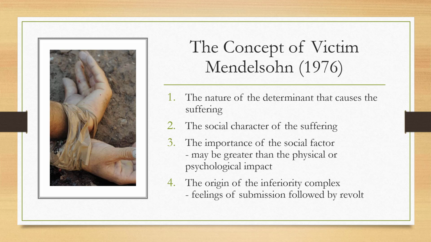Sometimes society will react with blaming, other times with compassion, other times with rage, other times with indifference, and that can also play a role in the type of victimhood or in what characterizes your victimhood. And lastly, there has to be some sort of inferiority complex. These are usually feelings of submission that then turn into you being angry with another party which you deem as culpable.